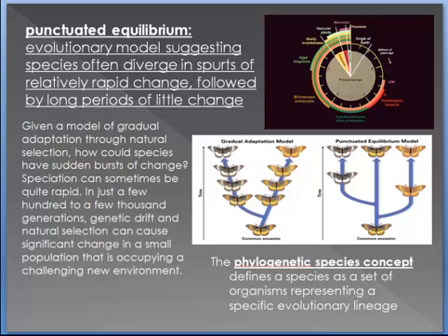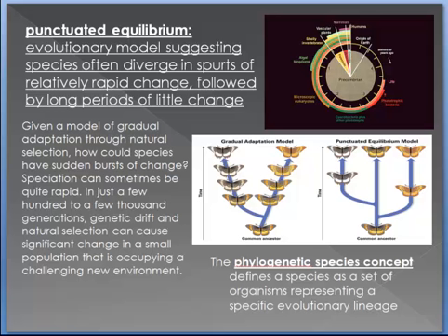Well, speciation can sometimes be quite rapid. In just a few hundred to a few thousand generations, genetic drift and natural selection can actually cause a significant change in a small population that is occupying a challenging new environment. That's how you can get these really big changes followed by periods of no change whatsoever.